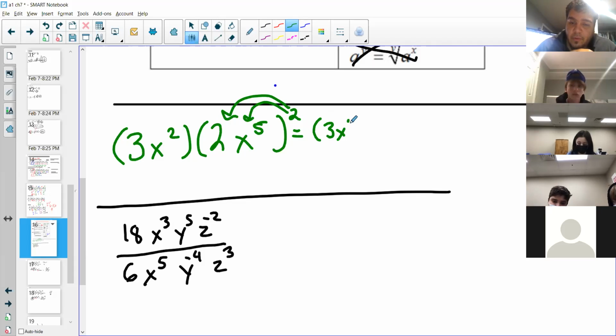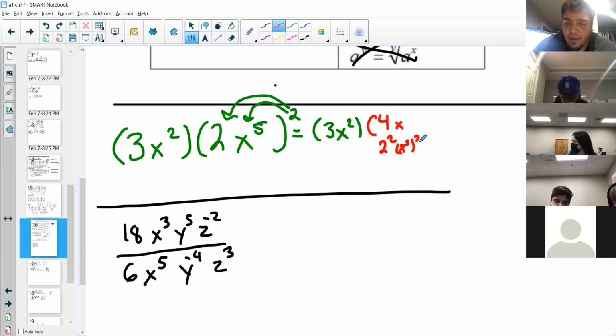So the 3x squared stays the same, but our new set inside the exponent is 2 squared, and 2 squared is 4. So I'm going to actually put the actual number 4. And then x, this is x to the 5th power to the 2nd power. When you have a power to a power, you multiply the powers. So that's going to be x to the 10.